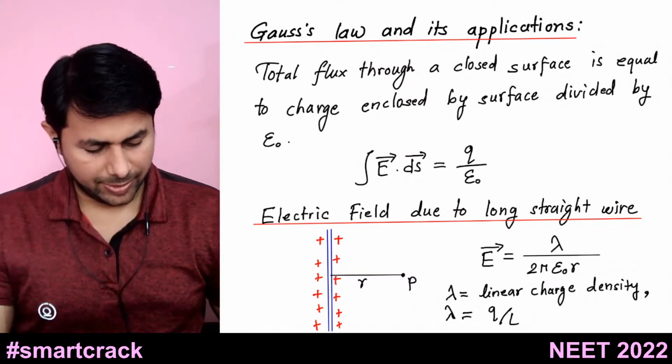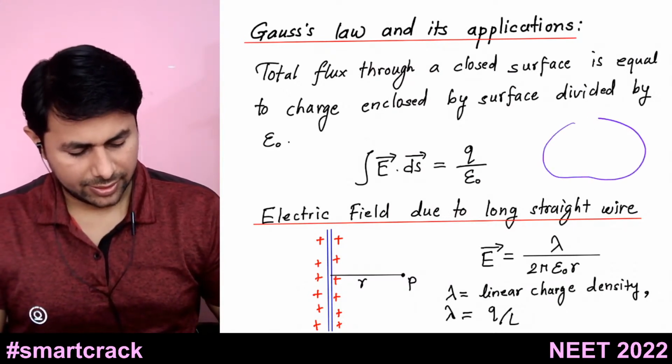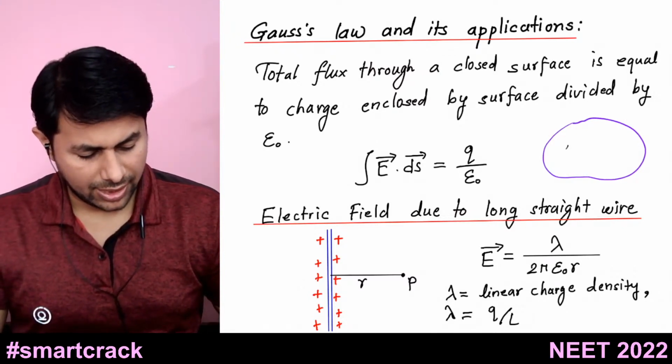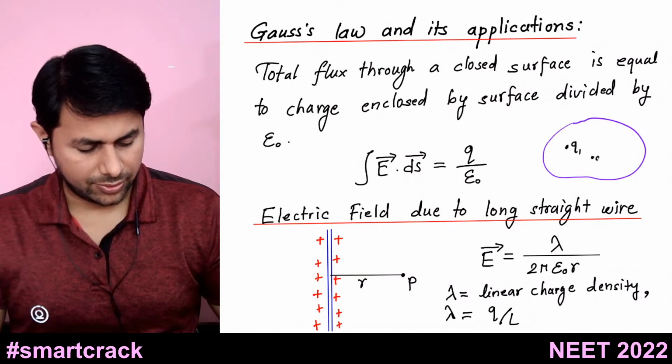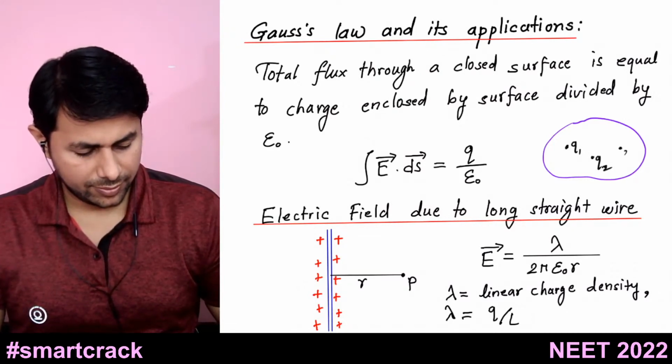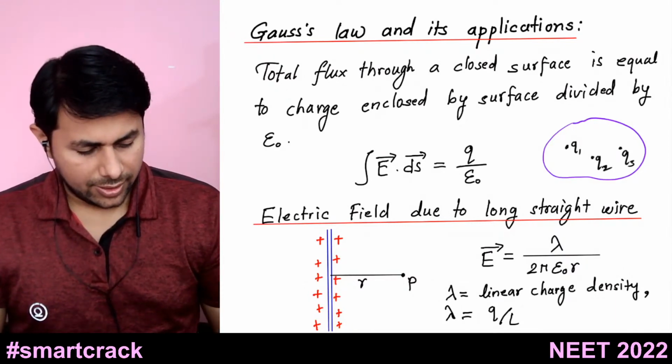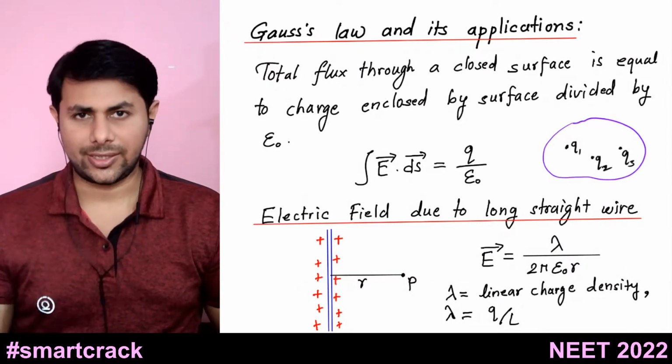That means if you take any closed surface, it doesn't matter what the shape of that surface is, and you have some charges, let's say q1, q2, q3, inside that surface, there will be flux due to all of these charges.